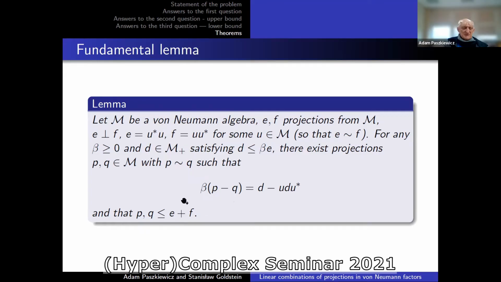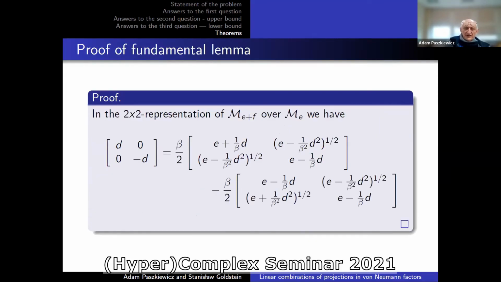It's the first lemma, and this lemma leads to a method of giving positive results on the construction of these linear combinations of projections. Here is a proof of this lemma, which shows that we can obtain the result in a completely constructive way.